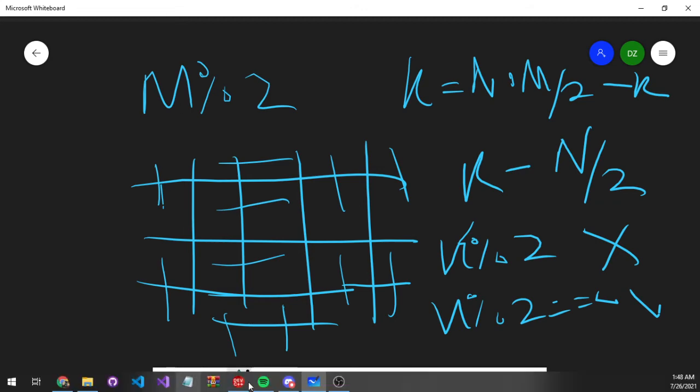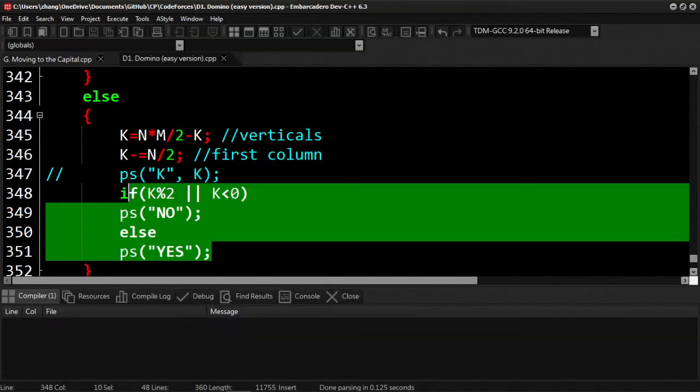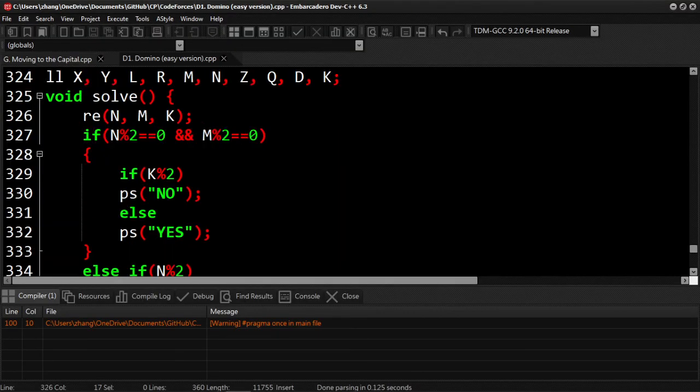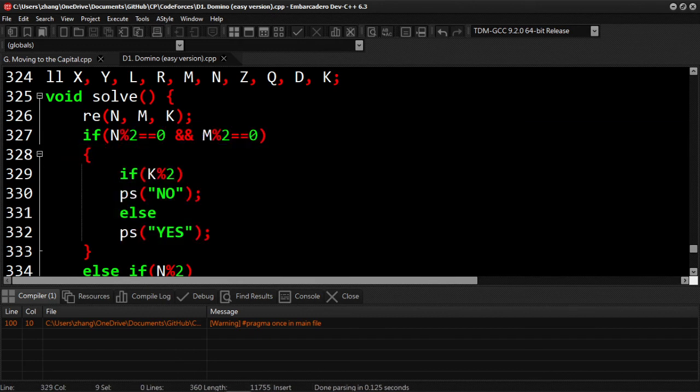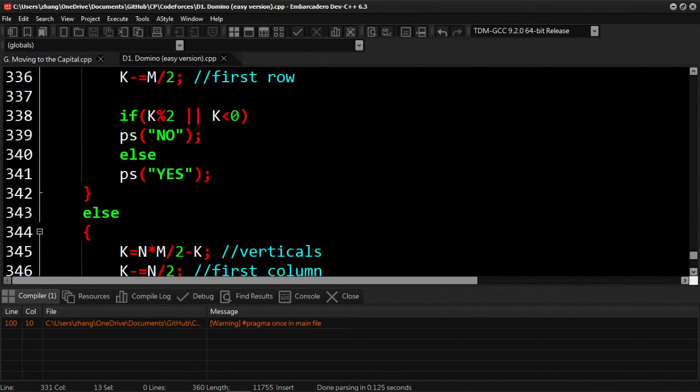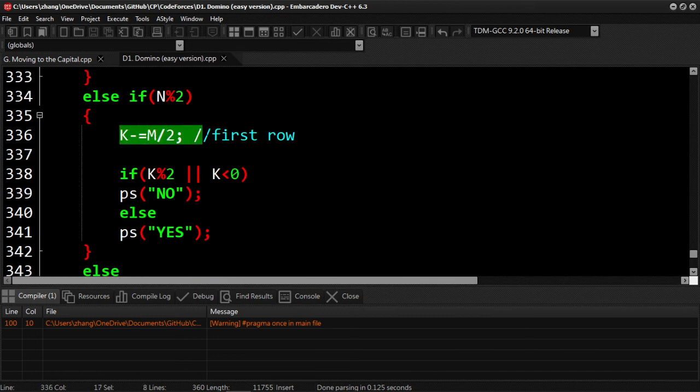I'll go over the code real quick. This is the easiest solution. If it's both even, there are only 2 cases: k is odd or k is even. Here, we just take out the first row, which is length m divided by 2, because m is the horizontal length, and if we divide it by 2, that's the number of dominoes.